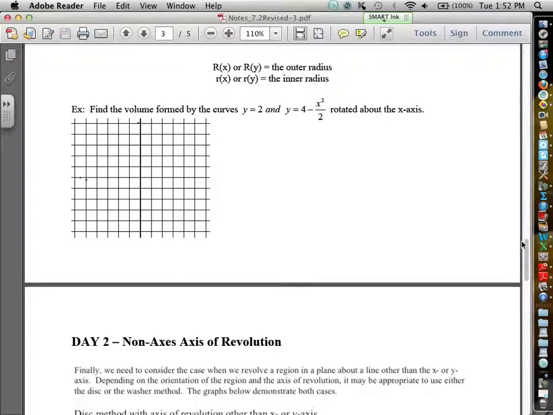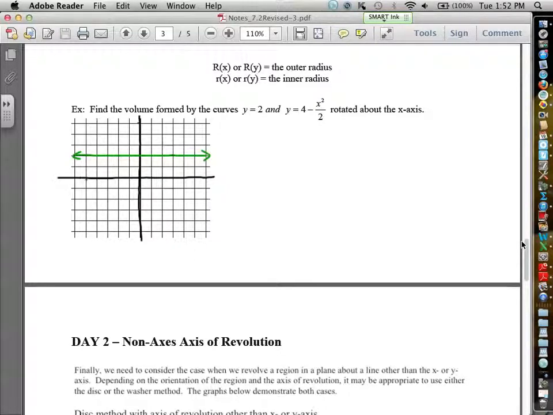So I have y equals 2. Let me darken my axes here. If y equals 2, that's going to be up here. And then I have the curve y equals 4 minus x squared over 2.